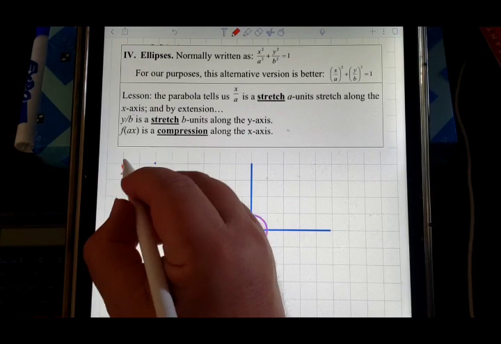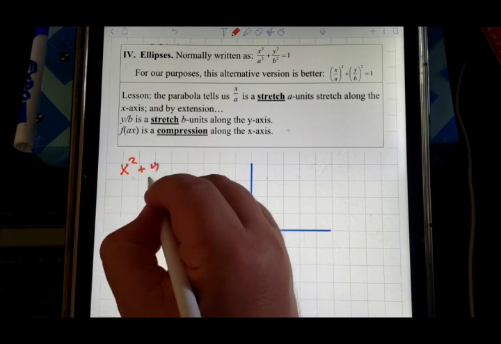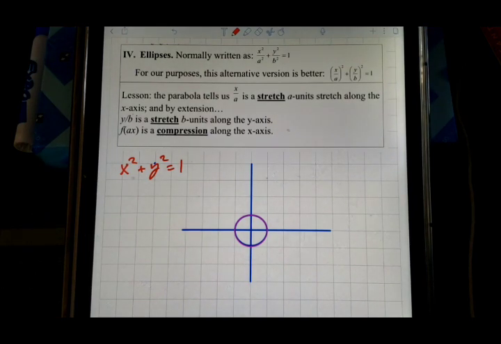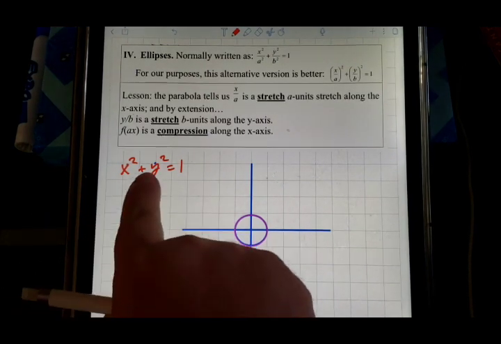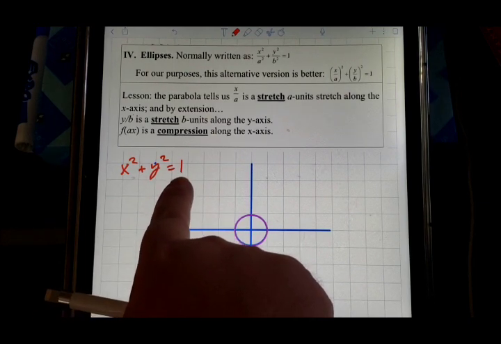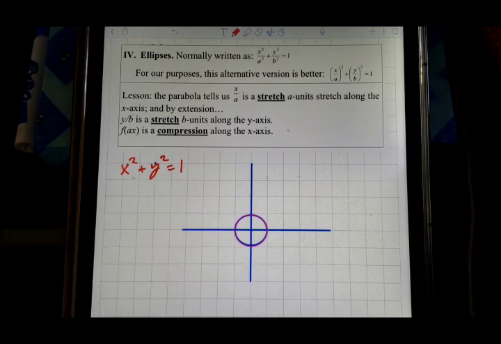And it's the equation x squared plus y squared equals 1. And we know why. It's x squared plus y squared gives us a circle centered at 0, 0, and 1 is the radius. All right.